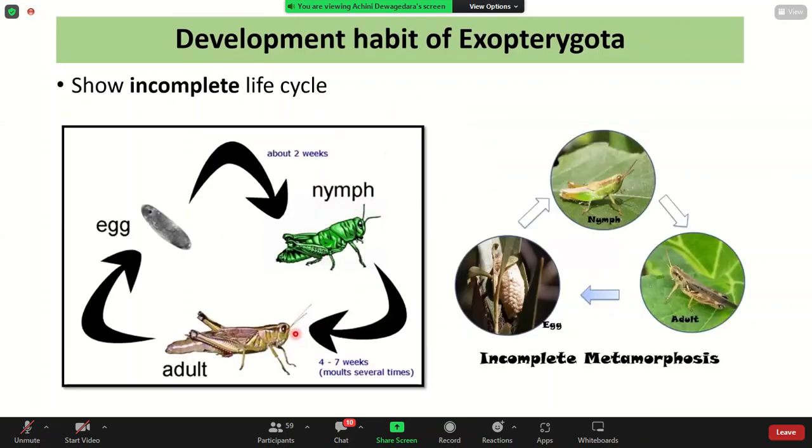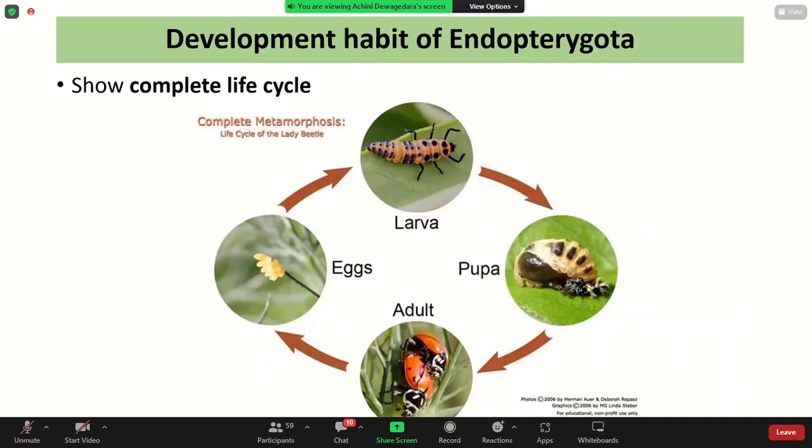But here, nymph and adults are almost similar. Their life stages are very different. The eggs will hatch and a larva will come out, which looks like a caterpillar. The larva comes out from the eggs, not a nymph.